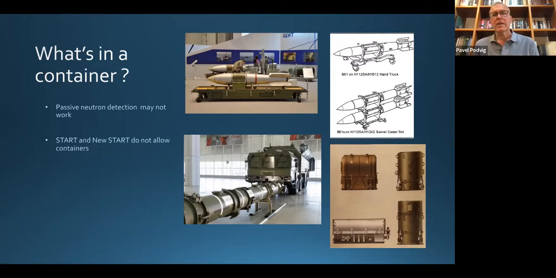Again, as you can see, these are Russian gravity bombs. They are partially uncovered, but normally they are in the container. You could see the base of the container. Or if you see, for example, this Iskander missile, this is actually the 9M729, as was shown by Russia, then you may want to know that it's not nuclear.